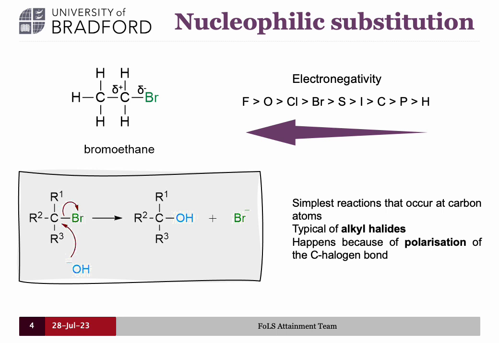This is the reaction mechanism of bromoethane in alkaline solution to produce ethanol. Overall, we have added an OH and expelled a bromine atom. This is why it is called a nucleophilic substitution reaction.